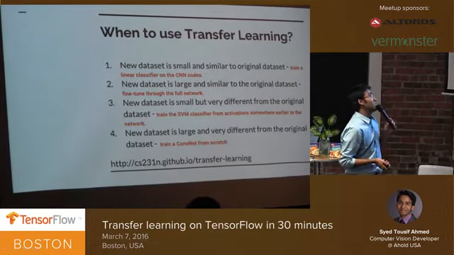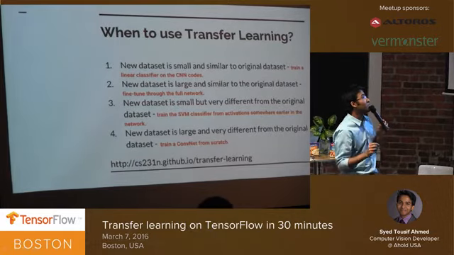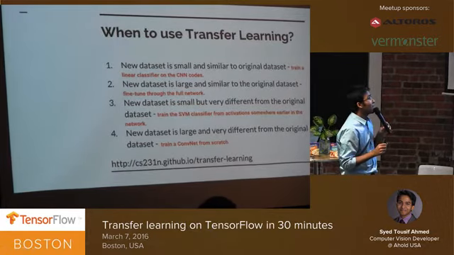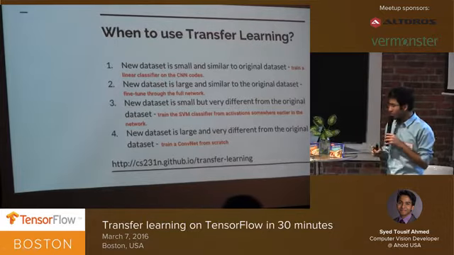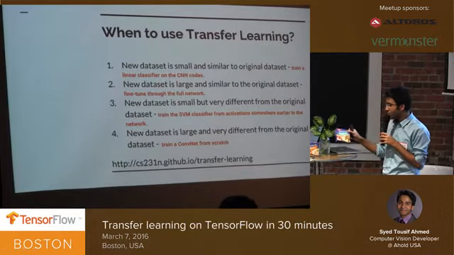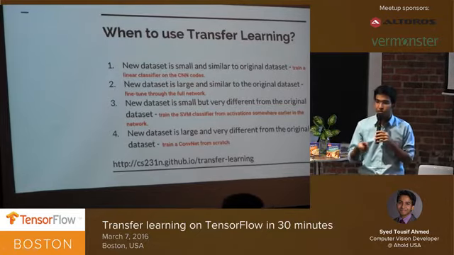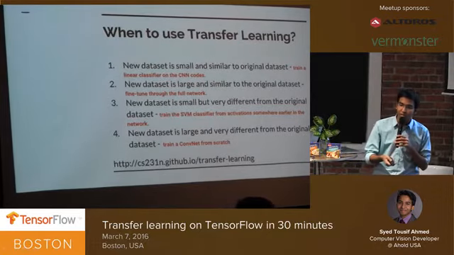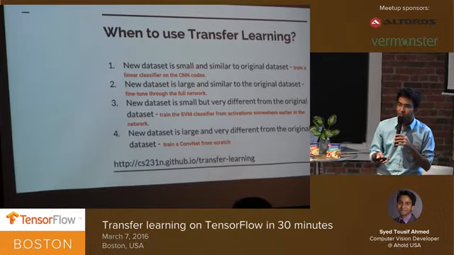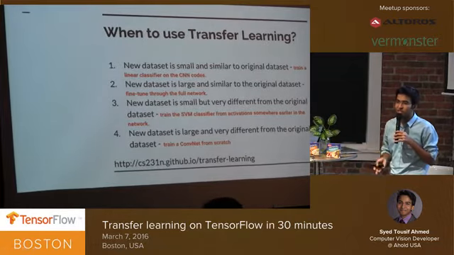Third situation: your new data set is small, but very different from the original data set. I guess for this product that I had done, I should have followed this. Because, as I've told you, Google's Inception model probably doesn't have a product like this. It probably just has a box.